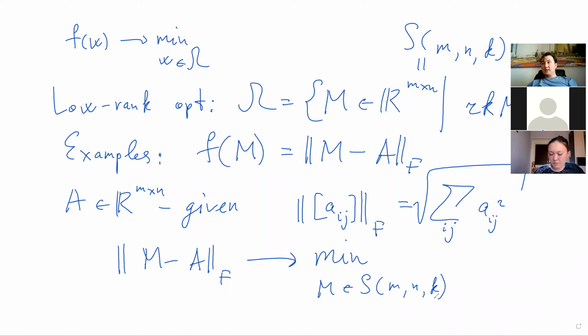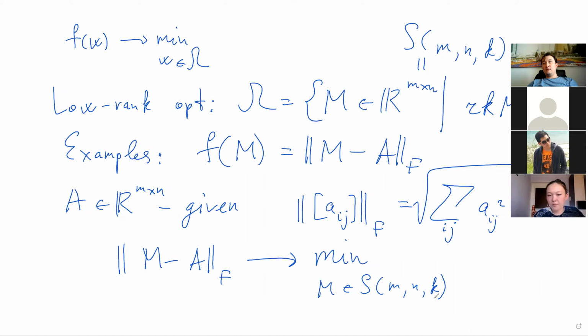Maybe someone is familiar with that. Singular value decomposition? Yes, of course, this is the famous singular value decomposition. So how do we solve that problem? We have to find the so-called singular value decomposition of matrix A.